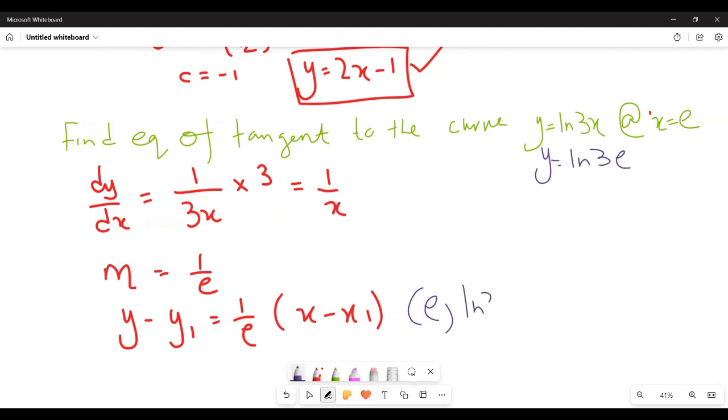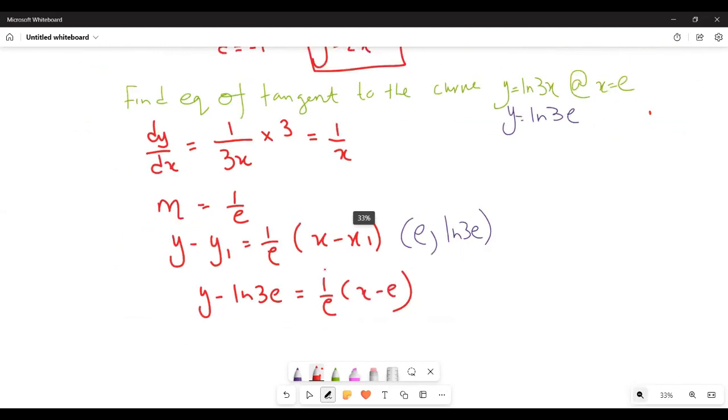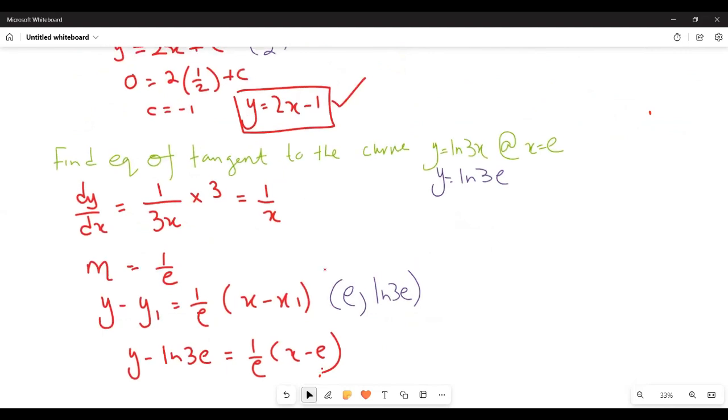So y minus ln 3e equals 1 over e times (x minus e). Either this or in the form y equals mx plus c.